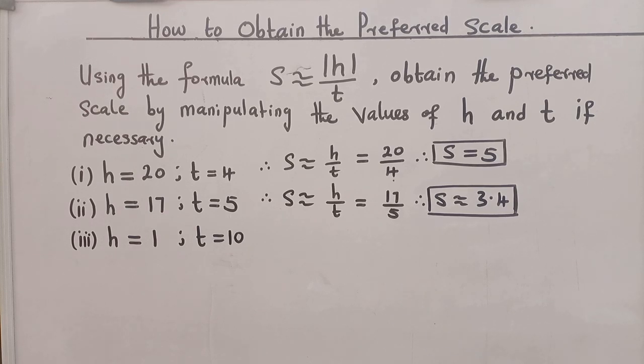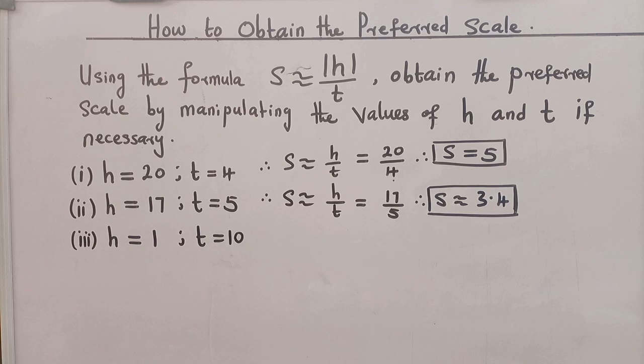What it means is that this 3.4 is not a preferred scale. Let me start by manipulating the answer while keeping the H and T the way they are, meaning don't touch 17, don't touch 5, but touch the answer. Make it up to what you want.